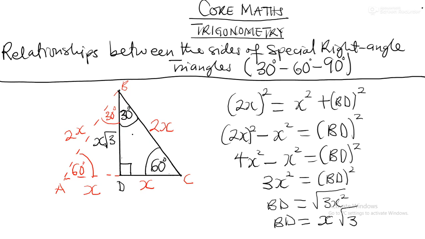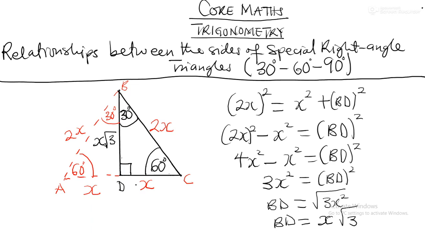Okay, so there's no need looking for Pythagoras theorem to help you get the sides. Once it is a 30, 60, 90 right angle triangle, if you know the value of the shorter one, you can find the other two without Pythagoras theorem. So if I know this is x, then it means that this is what? 2x, and this is what? Root 3 times what? X, which is x root 3.